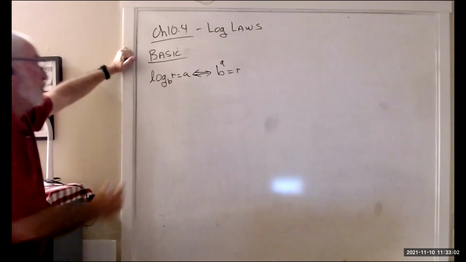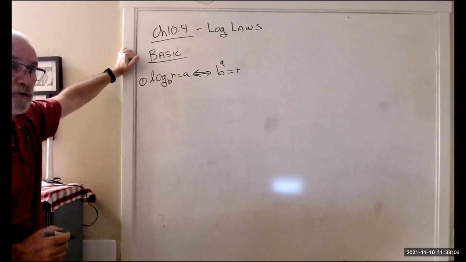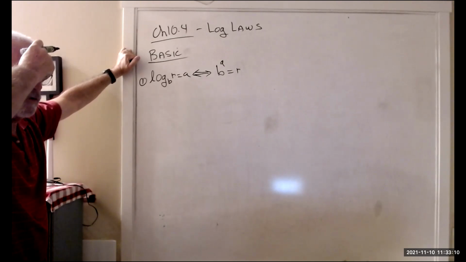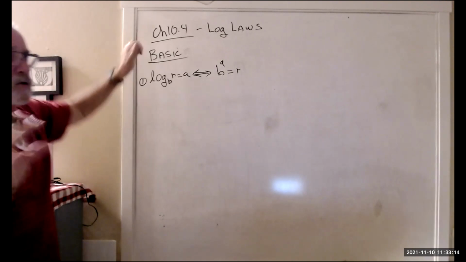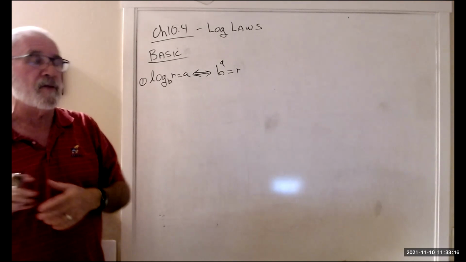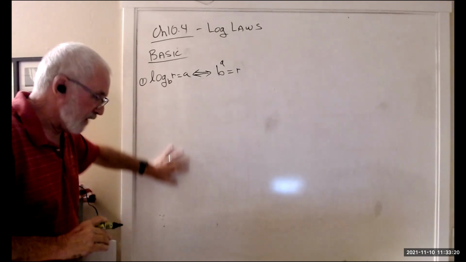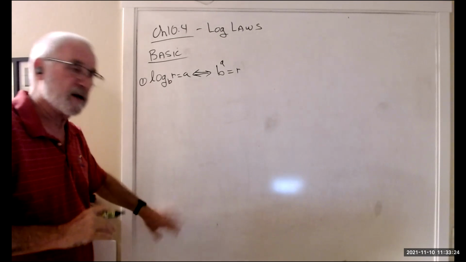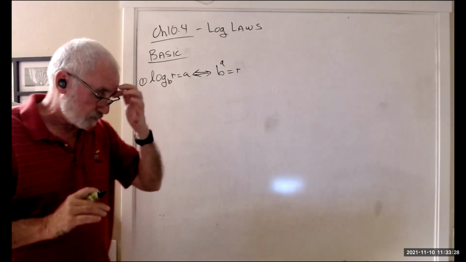That's number 1 for the basic rules. Then there's a bunch of other little ones. Now, don't take notes yet. I'm going to do some examples, and then I'll show you what the rule is. We're going to have about 5 or 6 basic rules here, and I'll show you how they work, but don't mess up your notes yet.